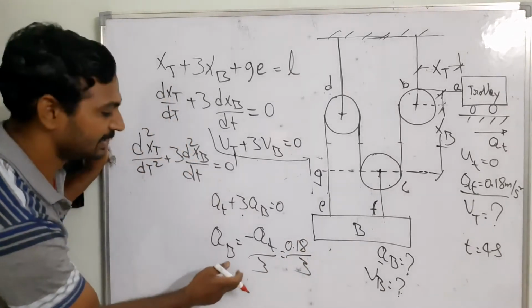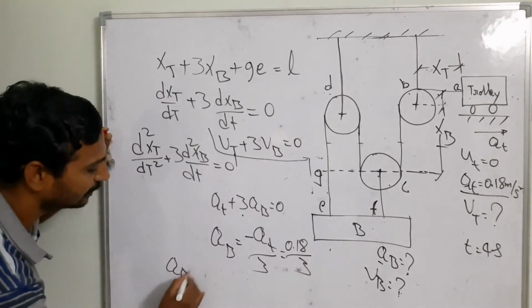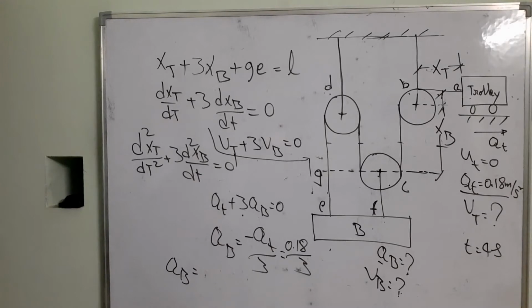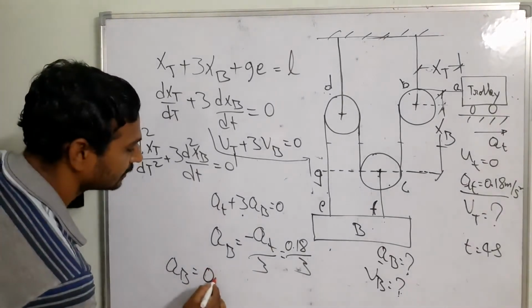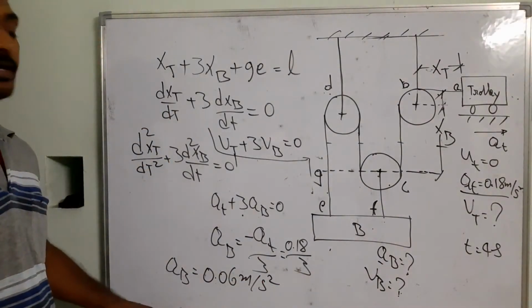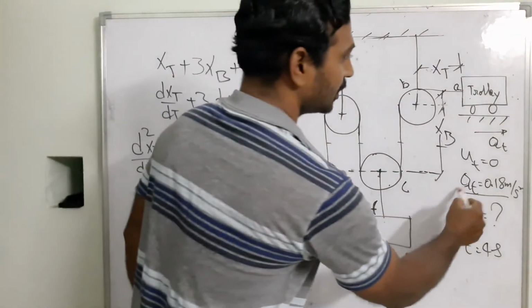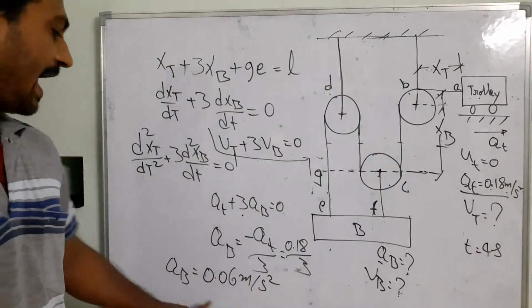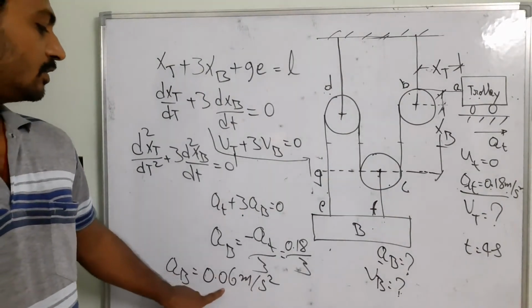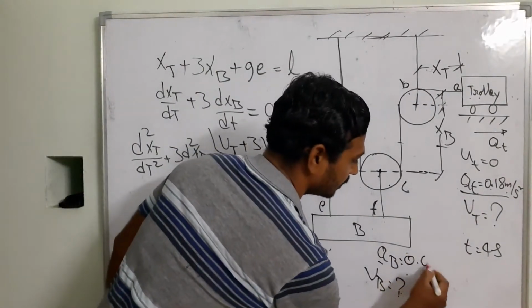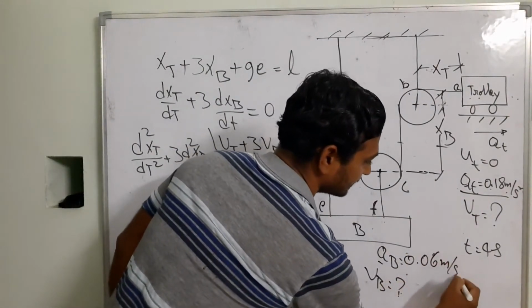So finally from this equation, ab is equal to 0.06 meter per second square. Can you see? When the acceleration of the trolley is going to be 0.18 meter per second square, your ab acceleration is equal to 0.06 meter per second square. So I am going to be writing over here 0.06 meter per second square.